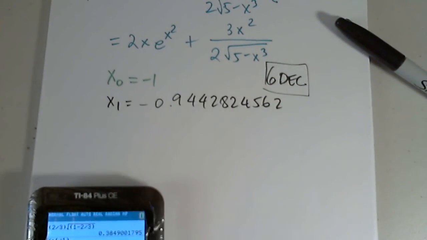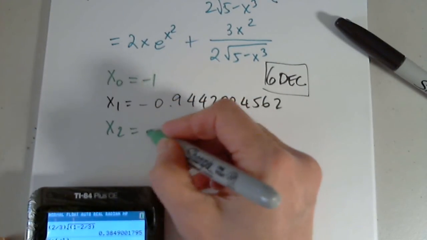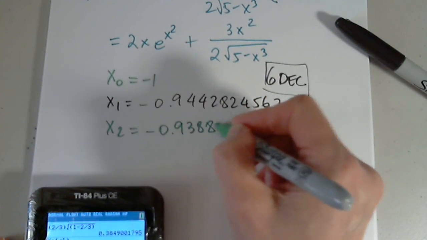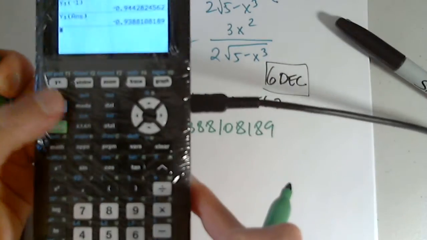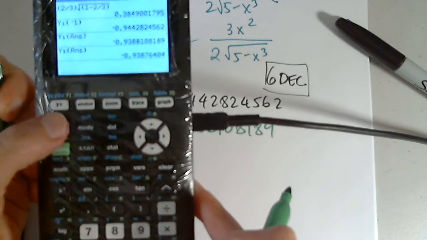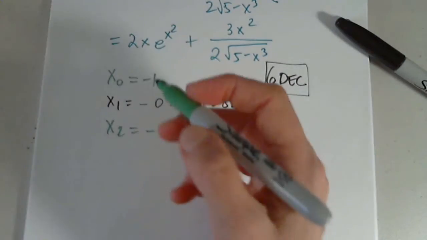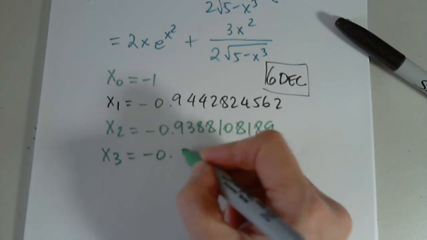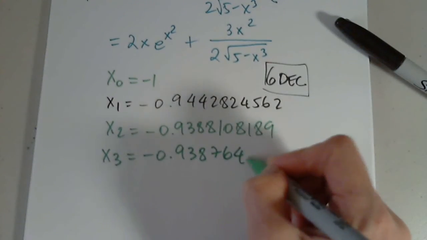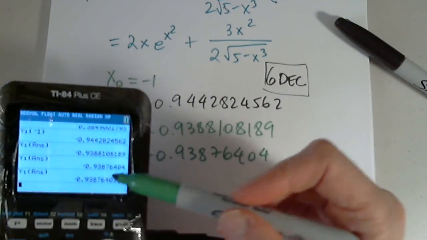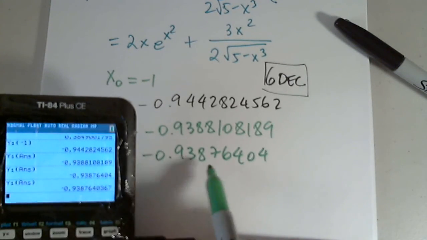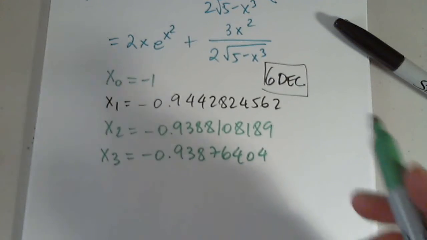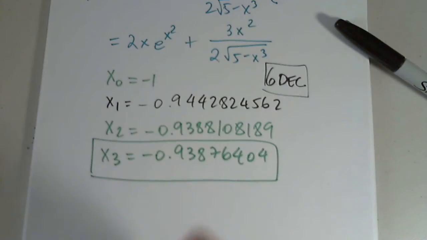And the next answer is x sub 2, which is negative 0.9388108189. Now I don't have to do anything. Second entry, boom. Second entry, boom. So I copy x sub 3, negative 0.93876404. And let's see, I don't have to copy the next one because I have 9.3, I have 8.7, I have 6.4. And I stop. So the method converged in 3 steps.